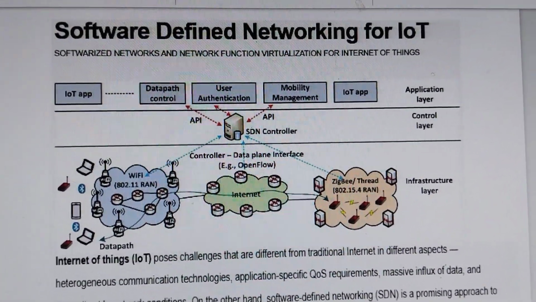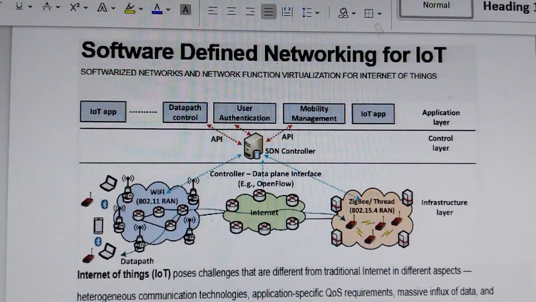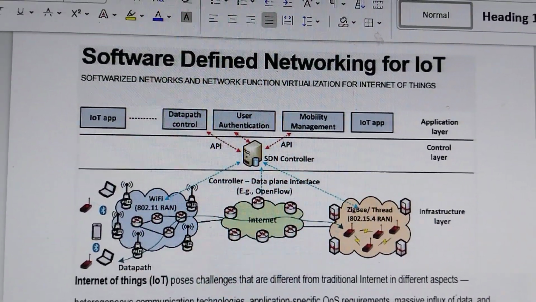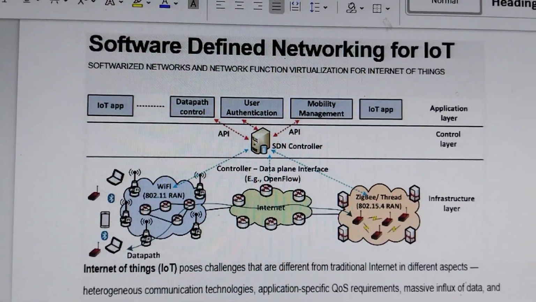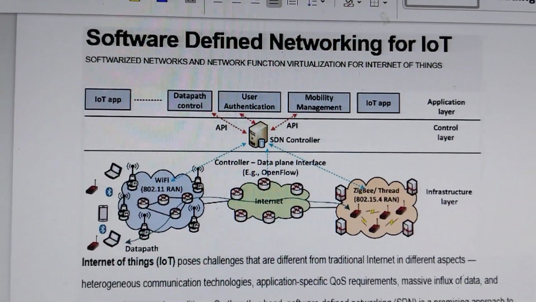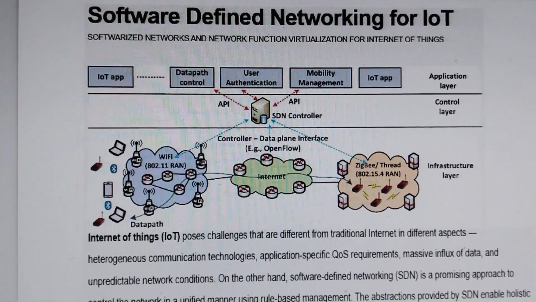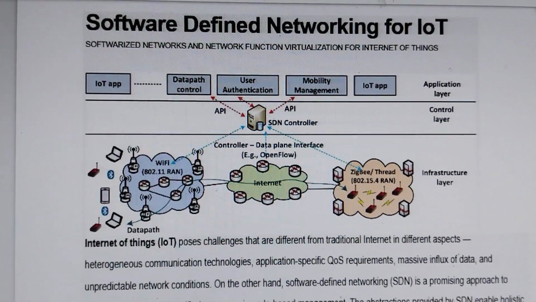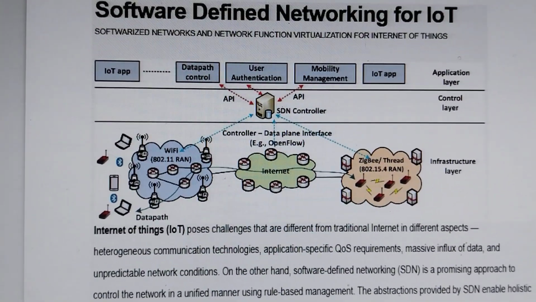Here, the Internet of Things contains different traditional challenges. It contains different applications like quality of services, and it has to exchange a huge amount of data over the network.